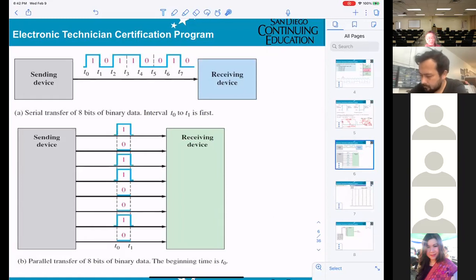However, the data coming in can be serial, and then that serial must be converted to parallel. We do not design anything with serial, just parallel. Okay, any question? Easy, right?